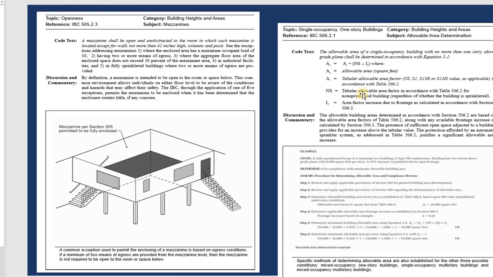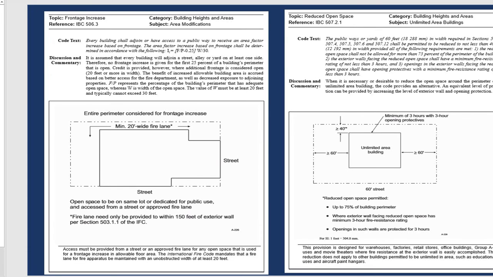This is one example of how you can calculate the occupancy. This is the formula for how to do it, and this is one example. It's hard to see, but if you open the book, you can see that one and look at it for reference. This is the building, and they show you how you calculate the yard for the fire lane.